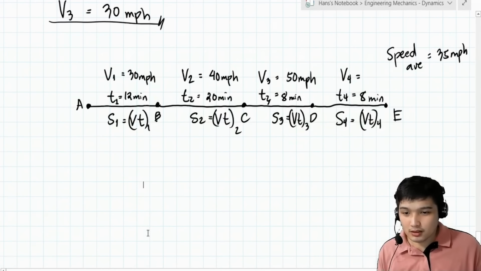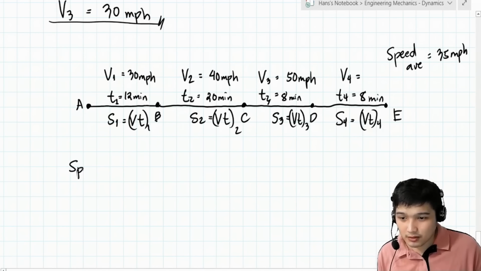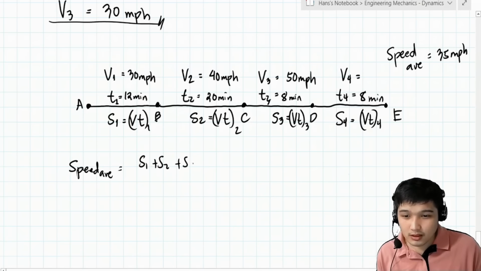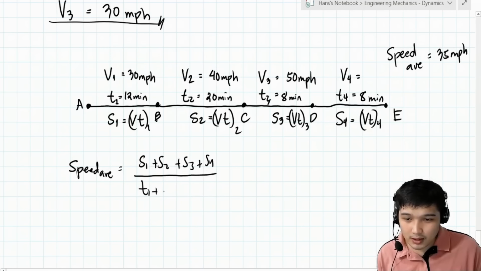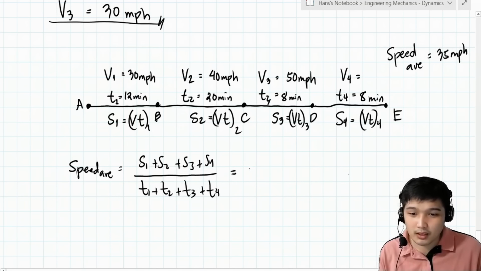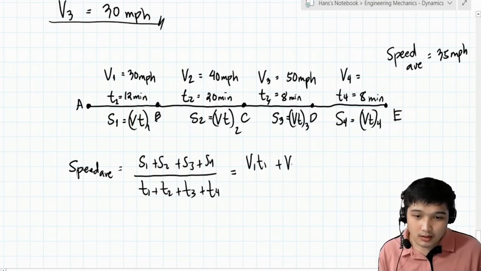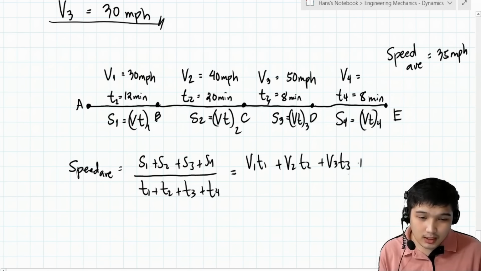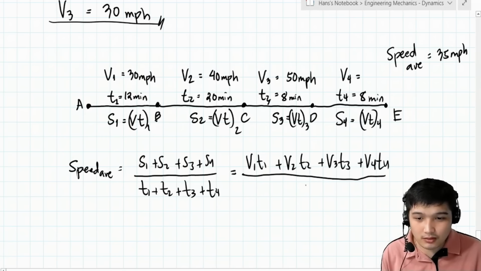So, what we can do is i-resolve natin. So, therefore, average speed ay equal saan? S1, S2, S3, S4 over total time T1 plus T2 plus T3 plus T4. So, maging what? V1 T1, V2 T2, V3 T3, and then V4 T4 all over this one.